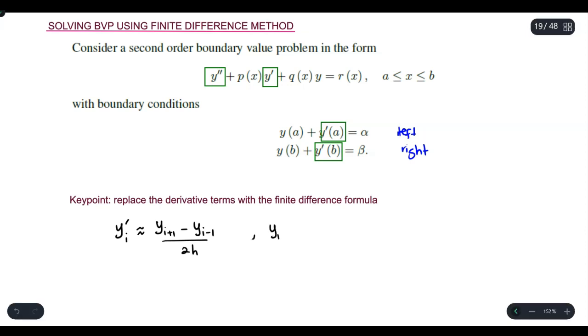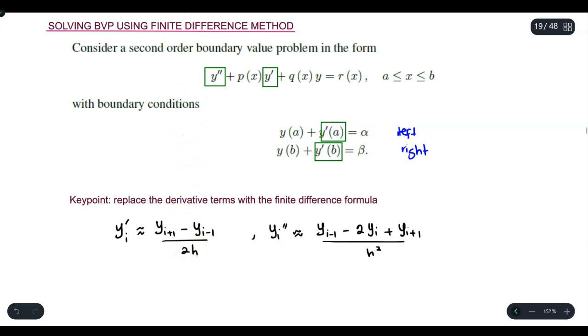And then y double prime at i is given by y(i-1) minus 2y(i) plus y(i+1) over h squared. So we will replace y double prime and y prime in our BVP here with these two finite difference formulas.